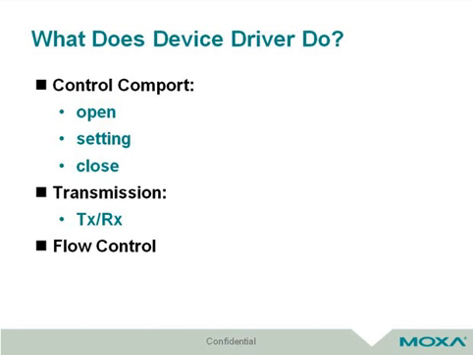Flow control is also a major function of a serial device driver, including hardware and software flow control. Take hardware flow control RTS/CTS as an example. The driver can control the RTS signal directly or just enable UART on-chip hardware flow control. Depends on how the driver is designed.